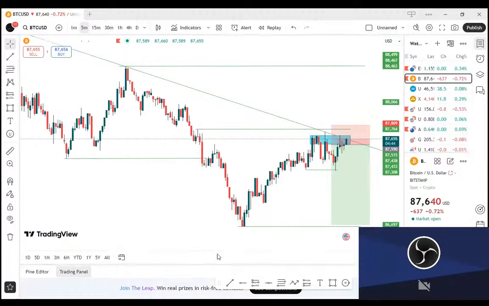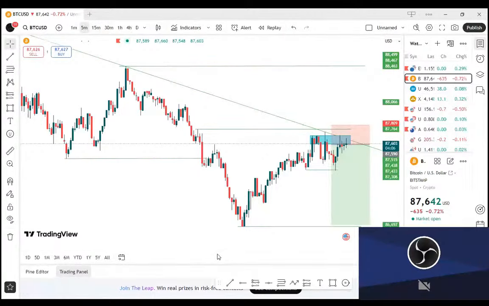Is that the news? It seems there's news because of the way the markets move. So we are still patiently waiting and watching the price.